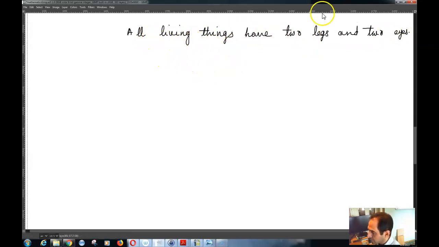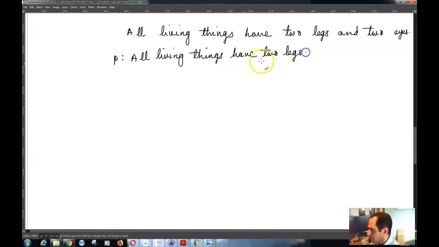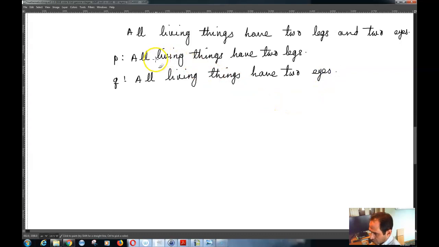The component statements of this compound statement are P: all living things have 2 legs, and Q: all living things have 2 eyes.